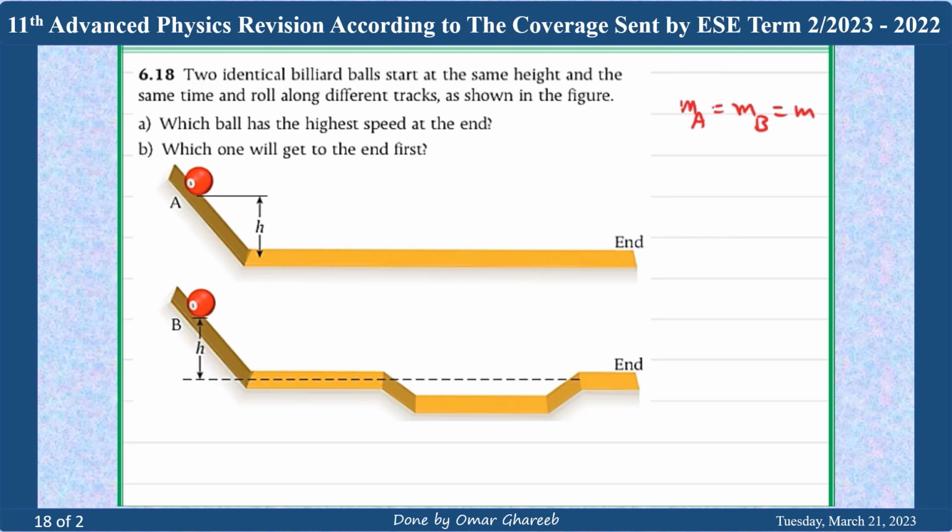Two identical billiard balls start, meaning initial velocity for both is 0, at the same height and at the same time, and roll down different tracks as shown in the figure. Which ball has the highest speed at the end?